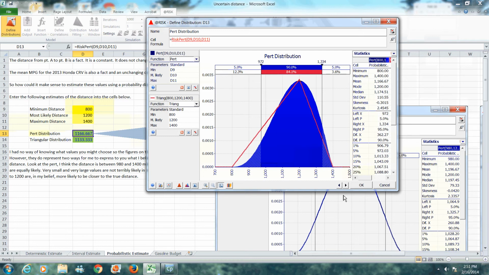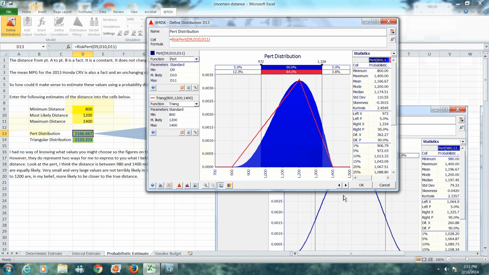Notice that with the red distribution, small values around 800, 900, 1,000 are much more likely than they are with the blue. Likewise, large values over 1,200, 1,300, and so on, are less likely with the red distribution.